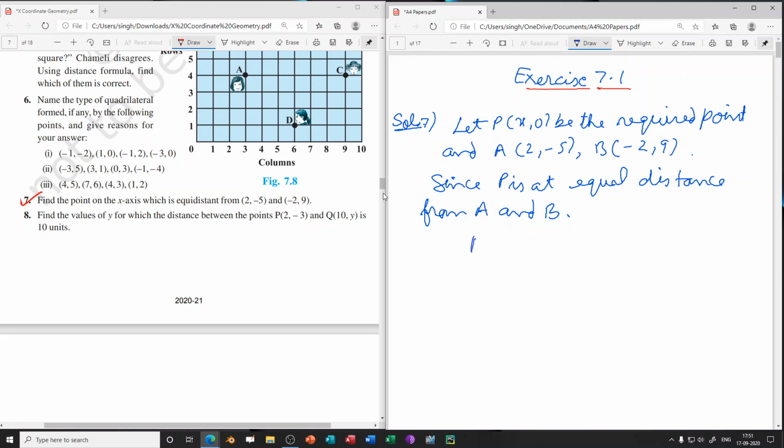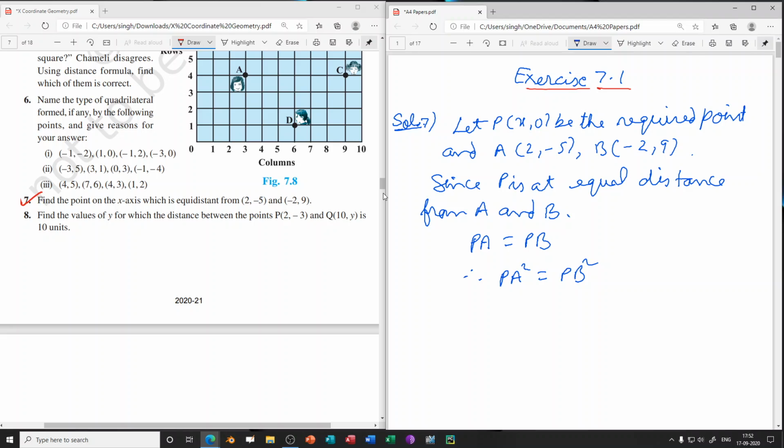PA stands for the distance of the point P from point A, and PB stands for the distance of point P from B. Since they are equal, PA equals PB. Since PA and PB are equal, their squares will also be equal. So PA square is equal to PB square.